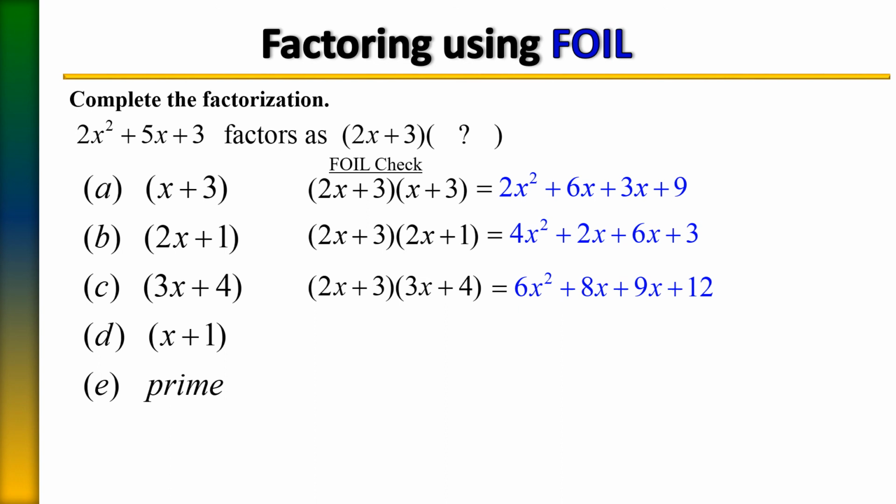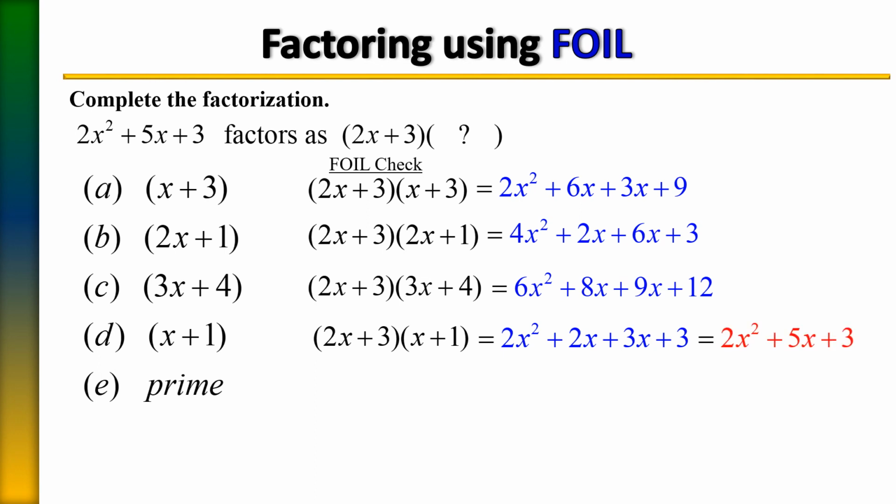We have one more option. We have x plus 1. So let's pair it with x plus 1 and see if that is our missing binomial. So when we pair those together and do FOIL, F-O-I-L, first, outer, inner, last, combine outer and inner, 2x plus 3x, that does give us 5x, our middle term.